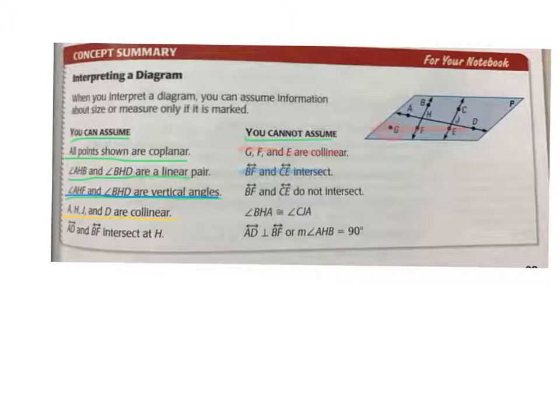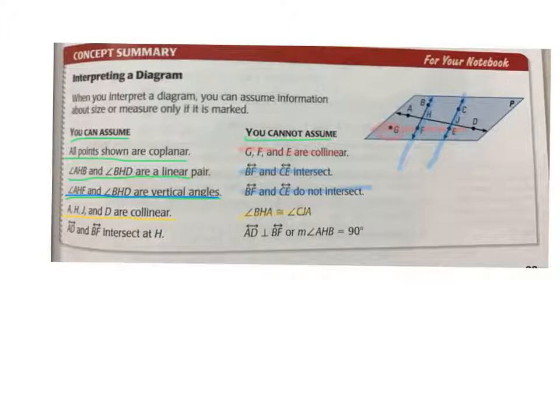Line BF and CE intersect? If they're parallel lines, you would think they won't ever intersect. But there's no label here telling us whether they are or are not parallel. So we don't know if they do intersect or don't intersect. We can't make any assumption on that.